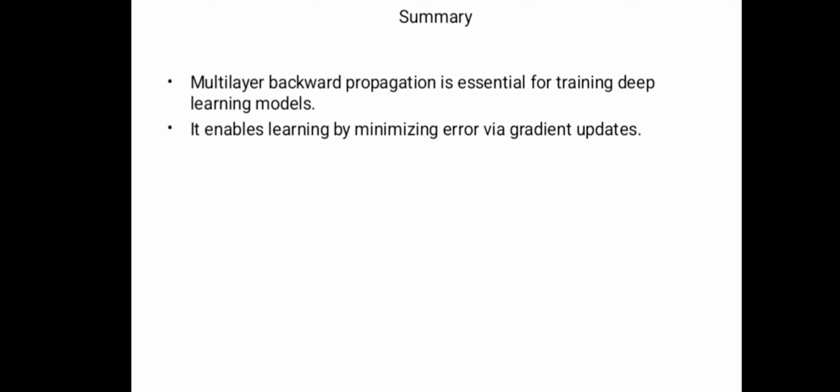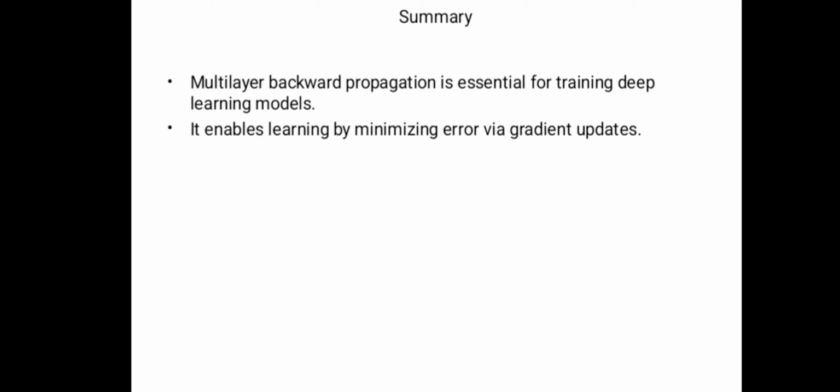Multilayer backward propagation is essential for training deep learning models. It works by sending error signals backward and using gradient descent to minimize those errors. Each layer becomes smarter over time by adjusting its weights and biases through feedback from the previous layer.